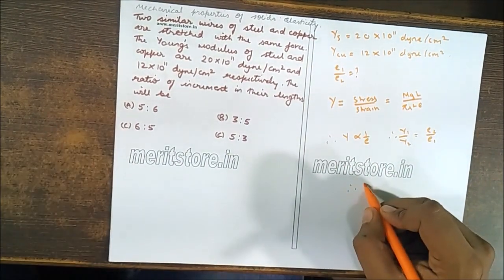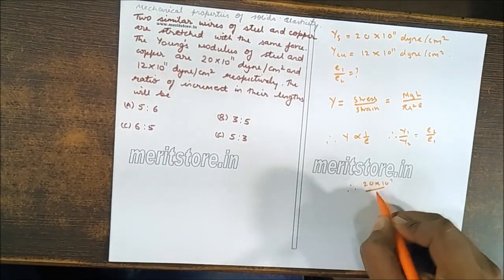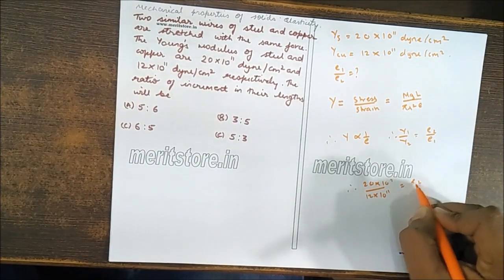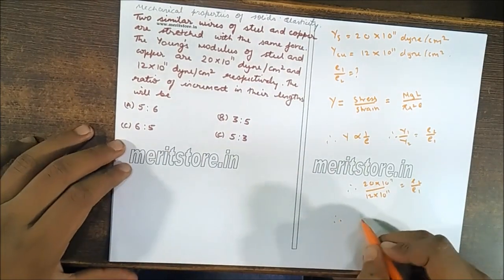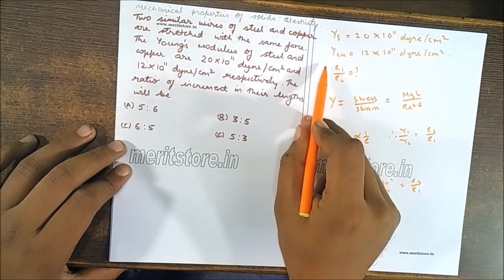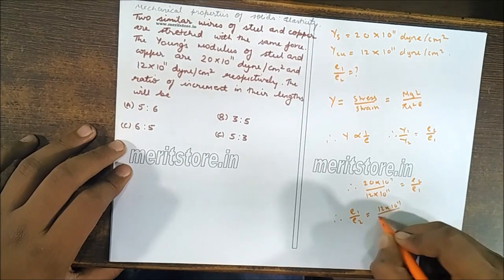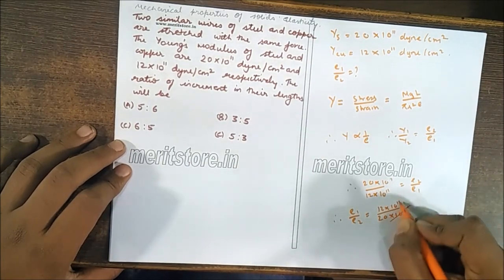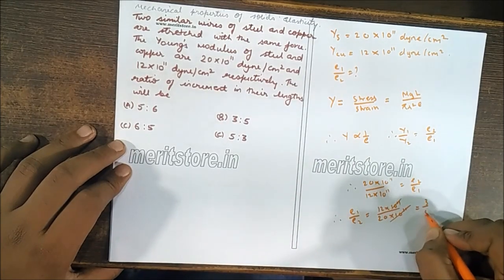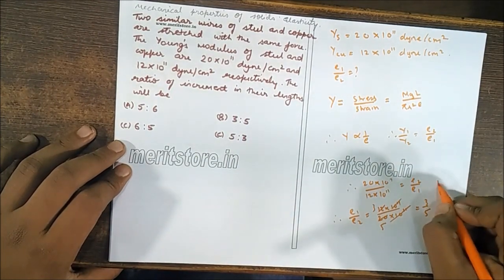Therefore we get 20 into 10 raised to 11 upon 12 into 10 raised to 11, that is equal to e2 upon e1. But the requirement is e1 upon e2, as they want from steel to copper. So therefore this becomes 12 into 10 raised to 11 upon 20 into 10 raised to 11. This will get cancelled and we'll get this as 3 by 5. Option B.